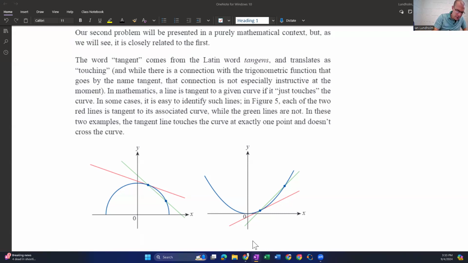So let's go ahead and label this. Green is secant, 2 points on curve. Tangent in red just touches the 1 point on curve because it matches the slope perfectly at that point.